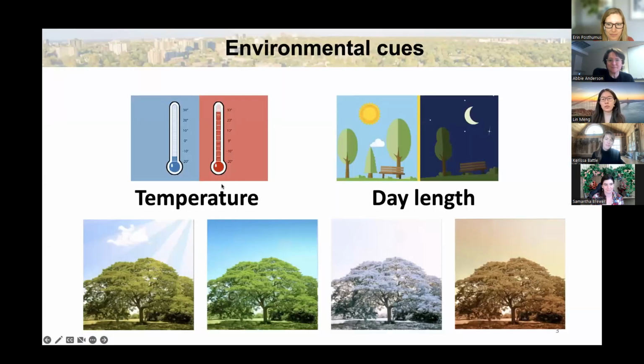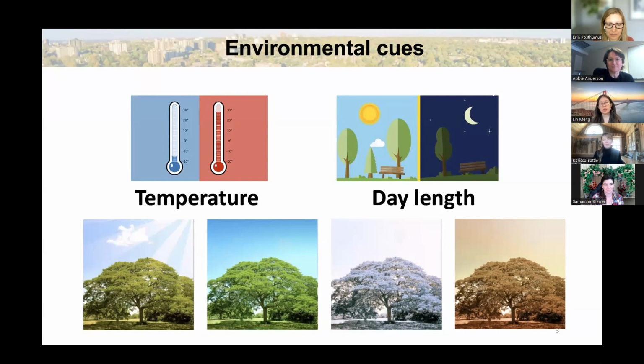Phenology involves a really complicated process, but during several decades of research, scientists have figured out that temperature and day length are two of the most important environmental cues for trees to track time. In winter, when temperature decreases, trees will go dormant.